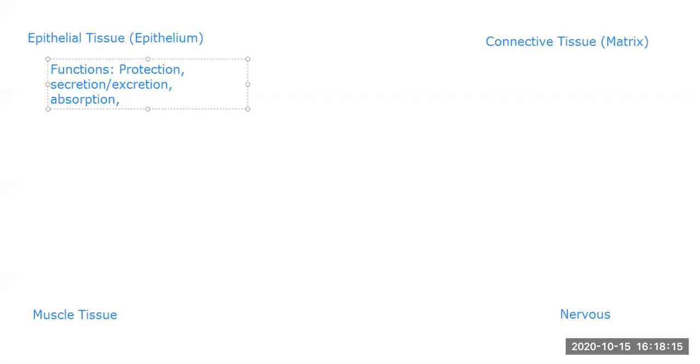And the function here, absorption, is taking in something from one side to another. In the small intestine, it's the digested products of everything that you have eaten that need to be absorbed and get into your body. If they are not absorbed, it does your body no good.